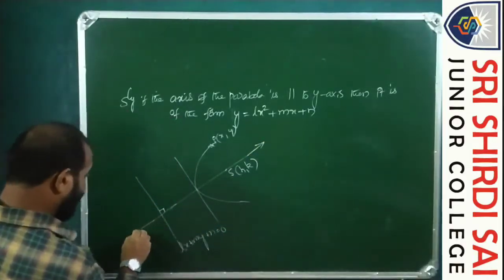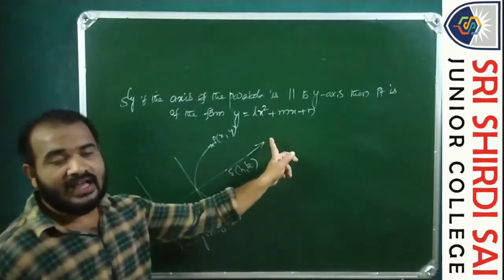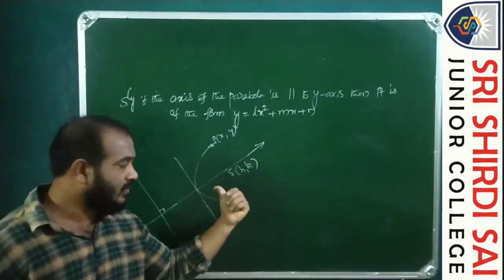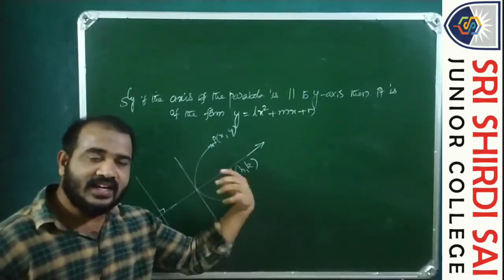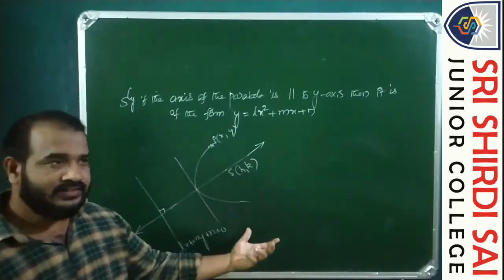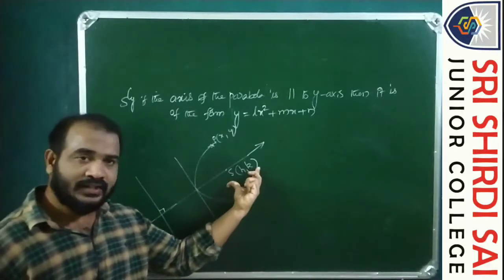So the principal axis is the axis which is always passing through the focus here, h comma k. Since it is neither symmetric about x-axis nor y-axis, etc., it would be h comma k.